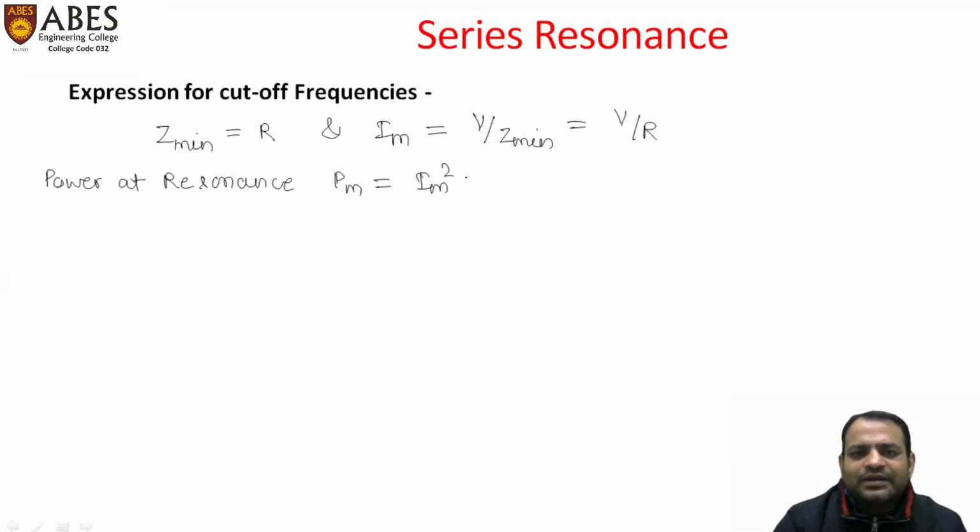So Im square Z minimum, or we can say R, this is our maximum power. Now, what is half power?